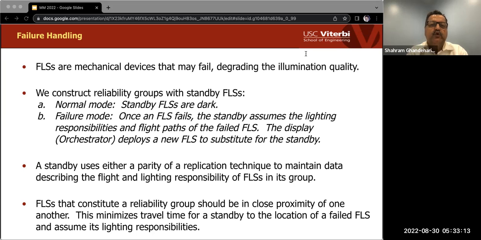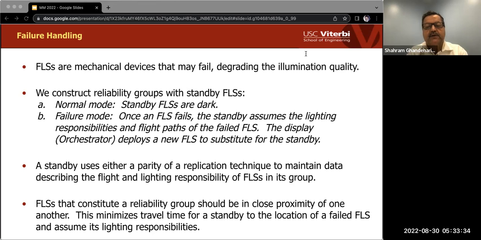The display, namely the orchestrator, deploys a new FLS to substitute for the standby. We assume each FLS has some local storage that contains the data describing its flight paths and lighting responsibilities.